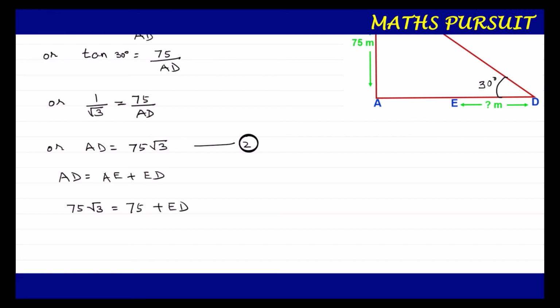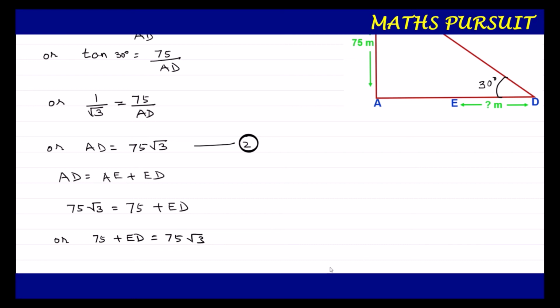Ultimately we are going to find out the total length of ED. So I can write 75 plus ED is equal to 75 root 3.